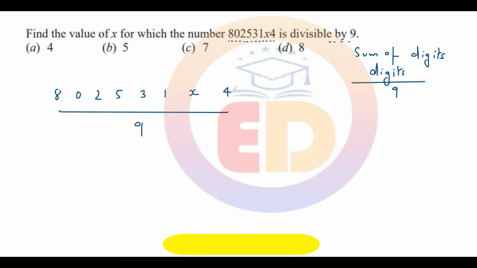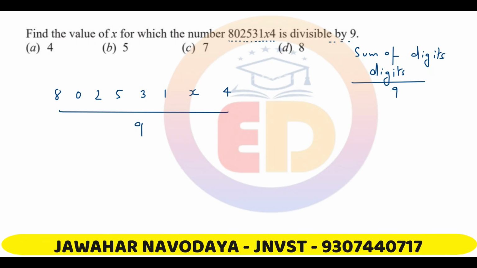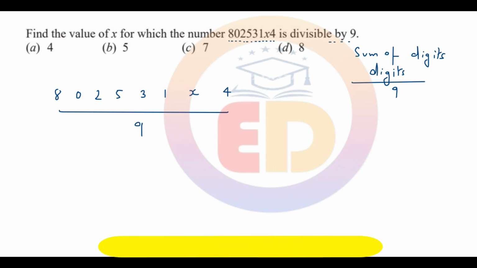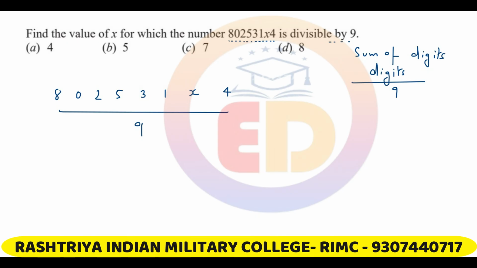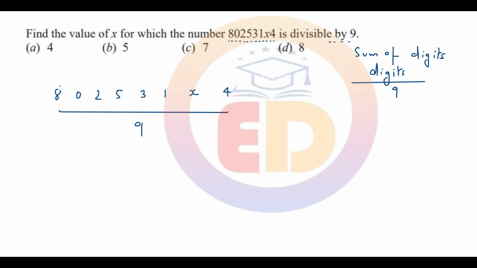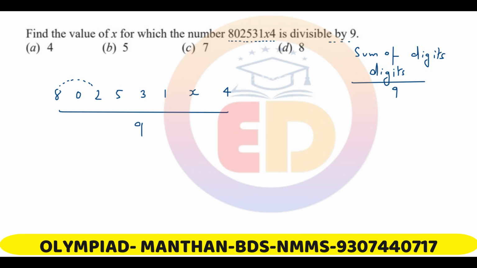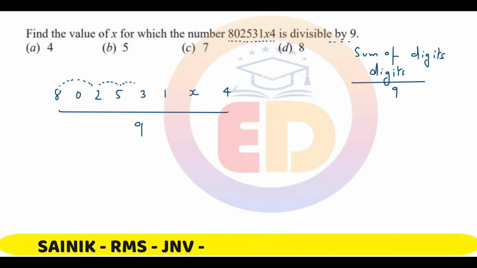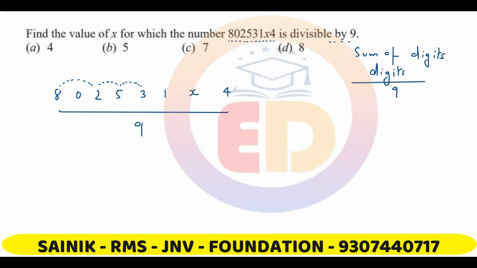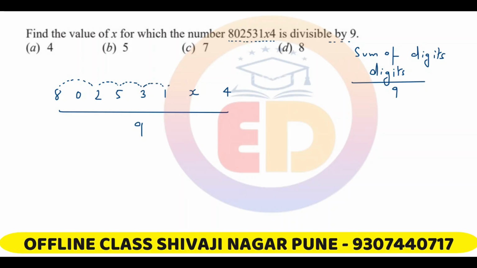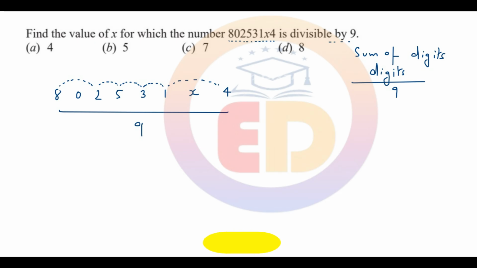Let's do the sum of the digits. The digits mentioned here: 8 plus 2 is 10, 10 plus 5 is 15, 15 plus 3 is 18, 18 plus 1 is 19, and 19 plus 4 is 23.